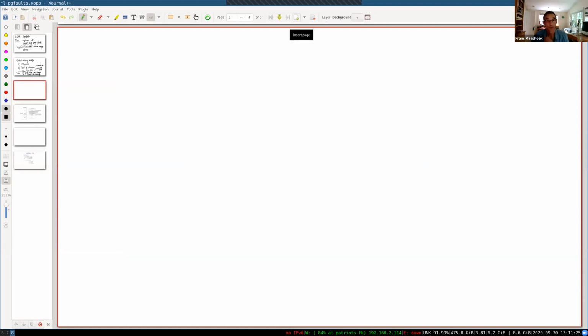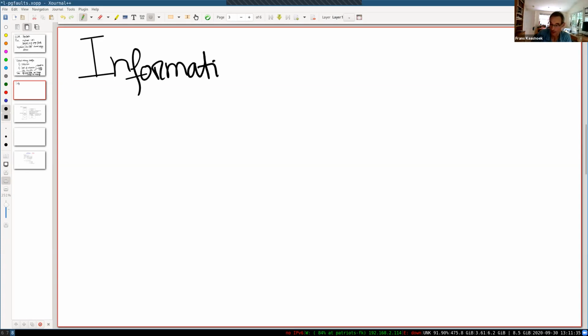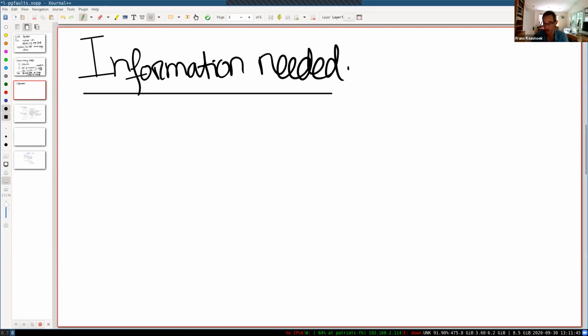The first thing we want to think about is what information is needed. If a page fault happens and the kernel wants to respond to it, what information does it need to be able to respond?